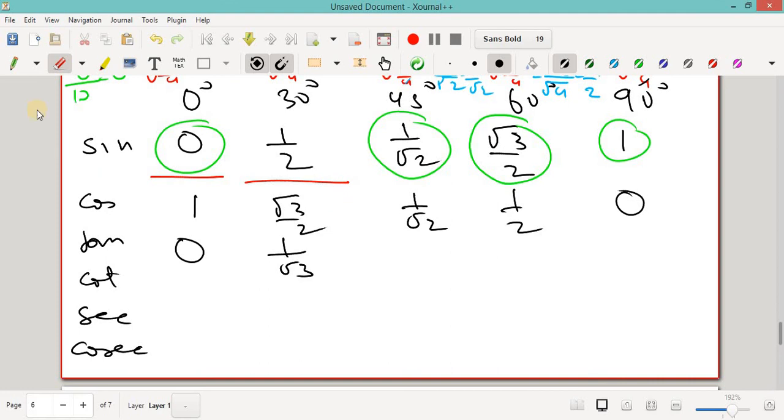Next one, again we divide this part. You can see this will be cancelled, so 1 will be there. Root 2 will go at the top, and this will be cancelled like this. So the outcome of tan 45 will always be 1.